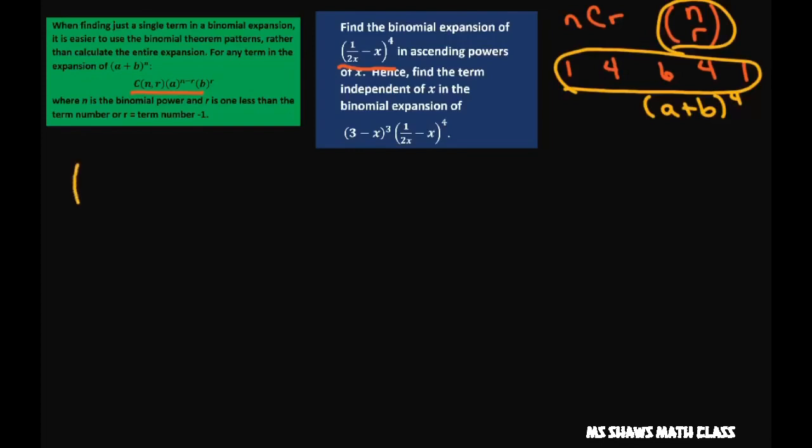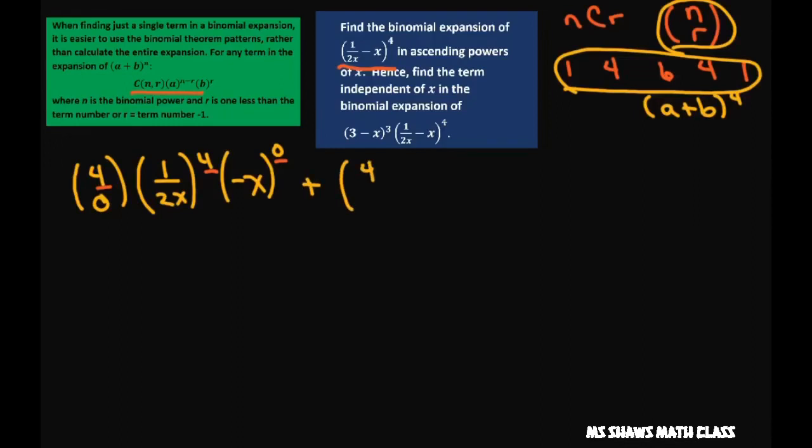So we have 4 choose 0, and then we're going to write our a, 1 divided by 2x to the fourth, and then our negative x to the 0. These two always add up to 4, and then you're going to go in descending starting here. So then the next one would be 4 choose 1, and that's going to be 1 divided by 2x to the third, and then negative x to the first.